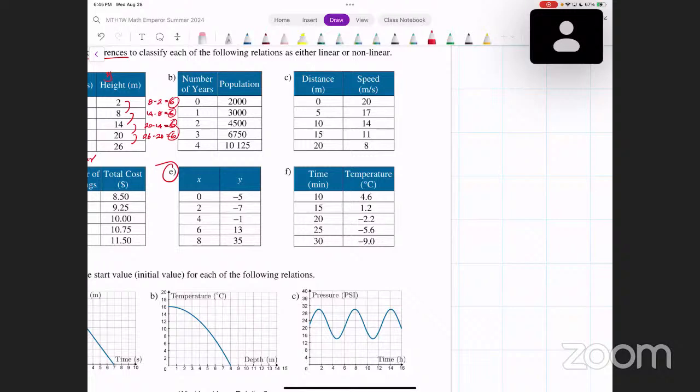Why do you think it's non-linear? Akshaya online, why do you think that is non-linear?